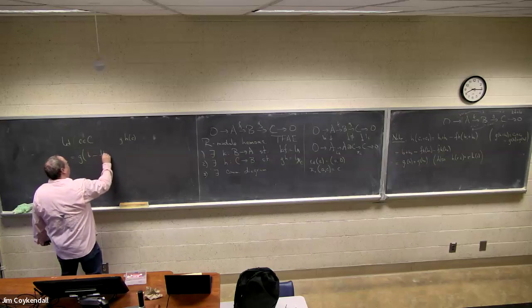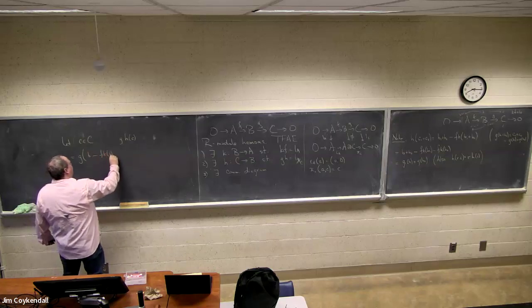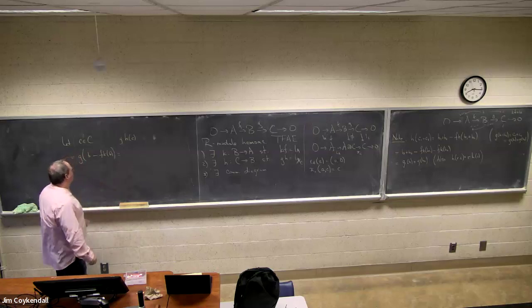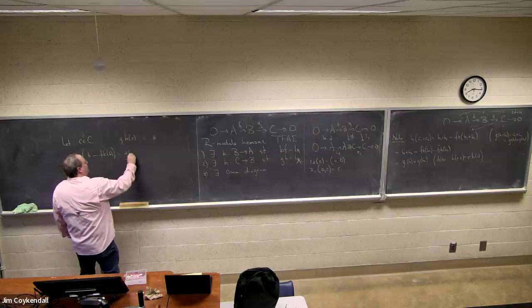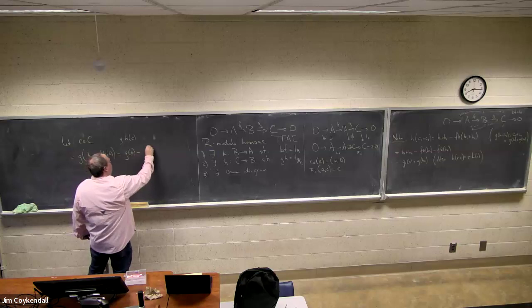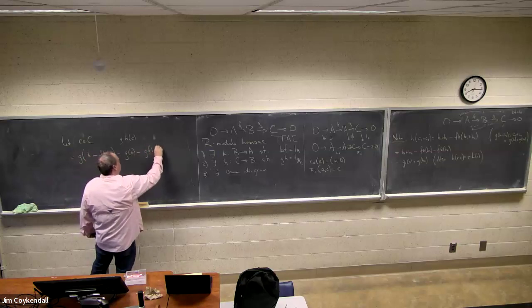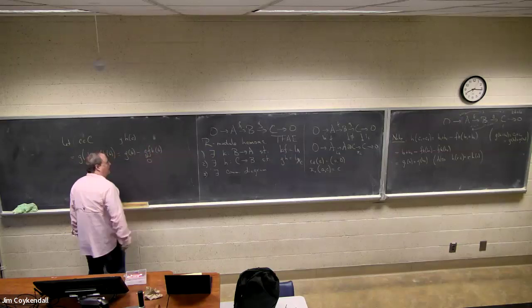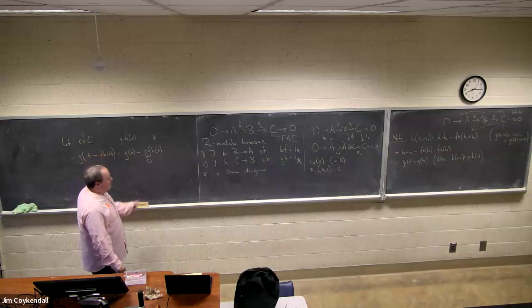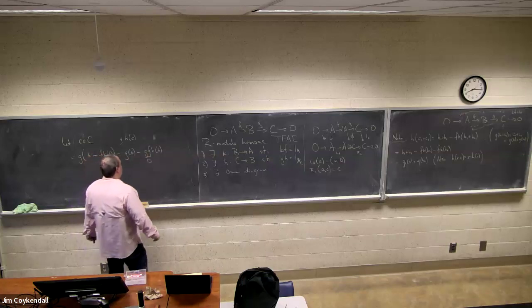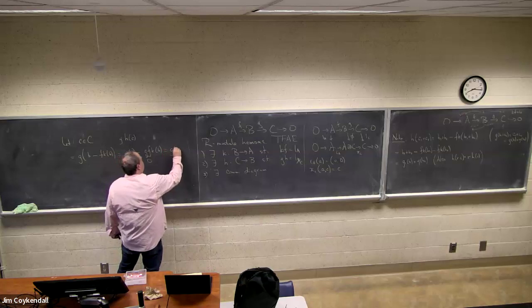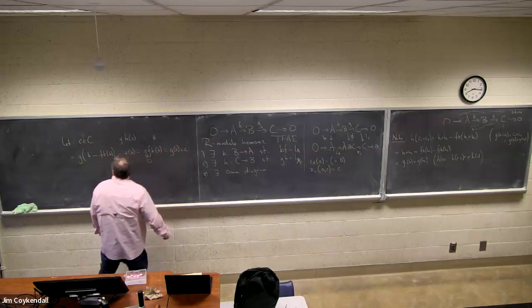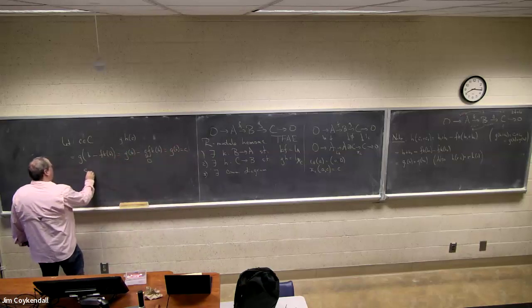Minus FKB, which is G of B minus GFKB. And again, that's the zero map because you're composing along that exact sequence. So this would be a B, which is C.